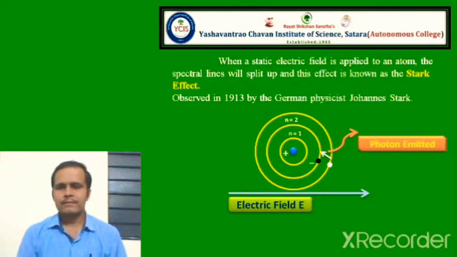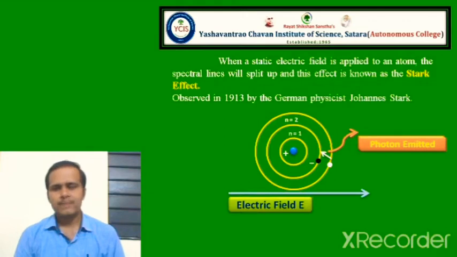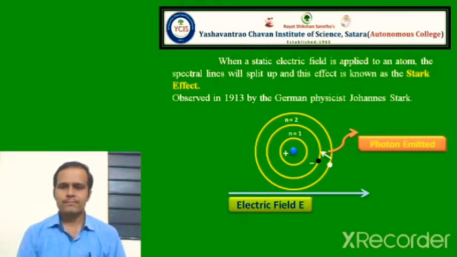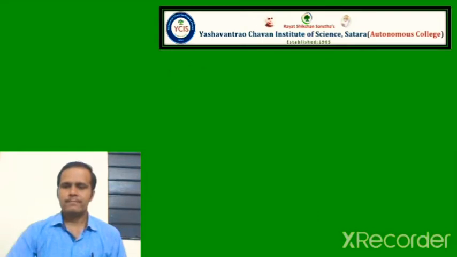We know that the nucleus has positive charge whereas electrons have negative charge, and the applied electric field will interact with this dipole moment, due to which the splitting of spectral lines, the splitting of the energy levels, is observed. So we will study this effect by perturbation theory.